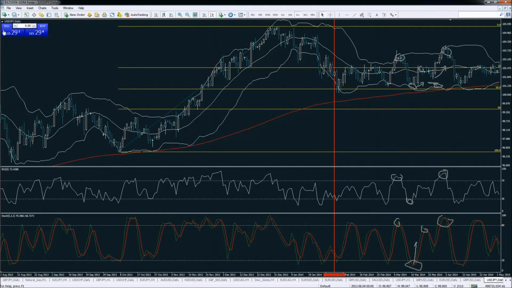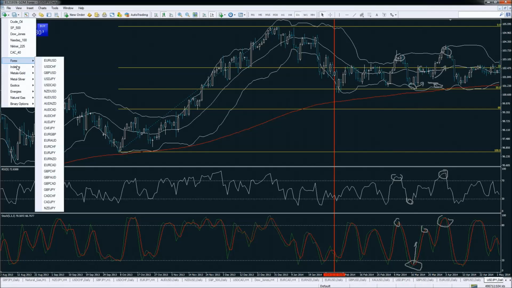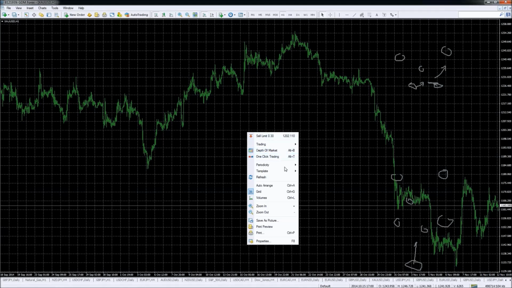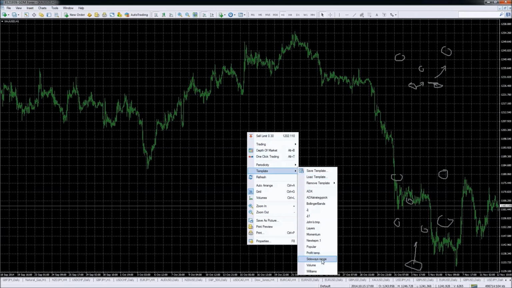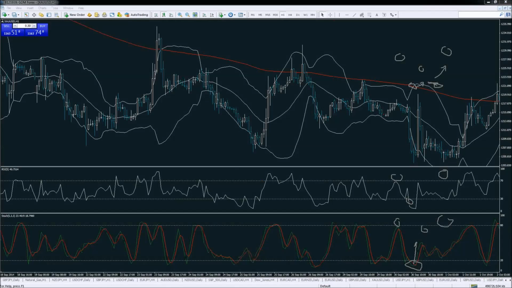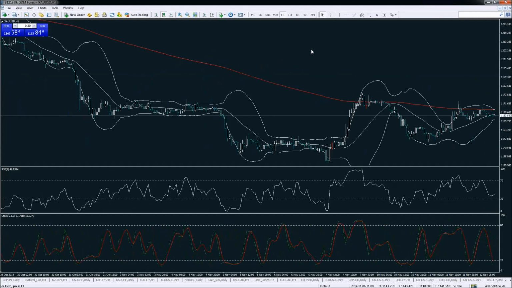Let's see what gold does with our technique. We'll use the same template as we did, only wiping out everything we have so far here. So let's take a look at present days to see what the price is doing. Well, there it is. We have some kind of an uptrend here, okay?